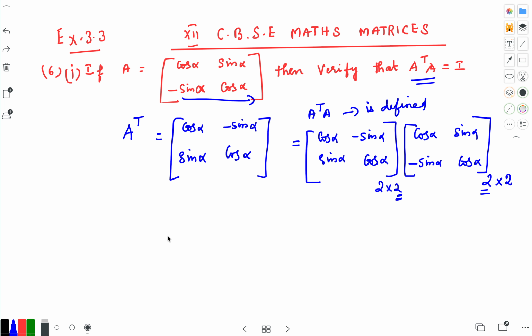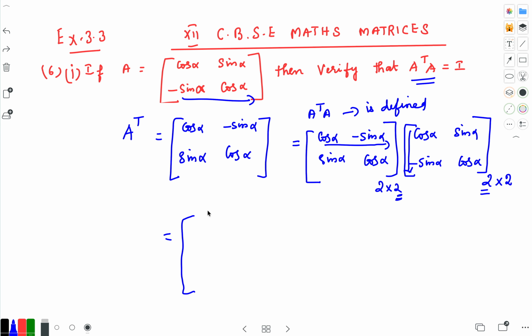Then how to multiply two matrices? Sum of the product of the first row with the first column and the first row with the second column, then the sum of the product of the second row with the first column, then the second row with the second column.